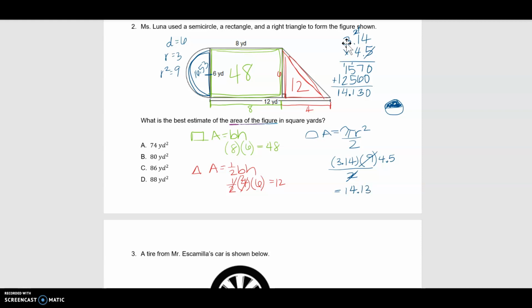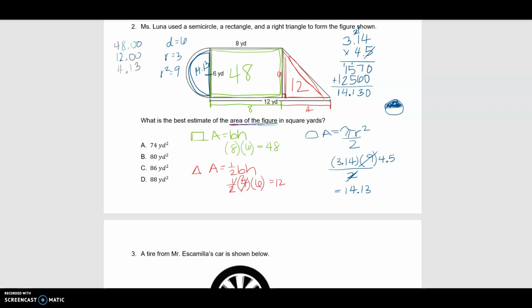So it's not, oops, I don't know why I put that there, so sorry. It's not one of the pieces, it's wanting the entire area together. So it says area of the figure, okay? So I have 48, I'm gonna line up my decimal, plus 12, plus the 14.13.